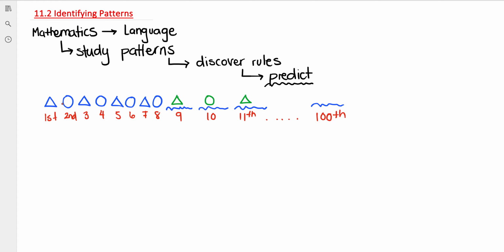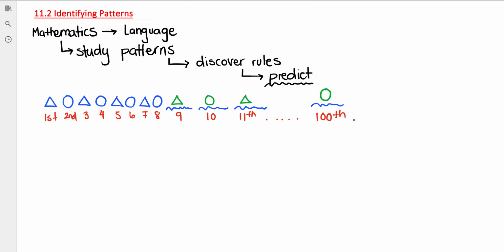I can observe that the first term is a triangle, the third term is a triangle, the fifth one is a triangle, and the other way around, the second one is a circle, the fourth one is a circle, the sixth, the eighth, the 10th one are circles. So all those in even positions are circles. So I can predict that the one in the 100th position is going to be a circle.